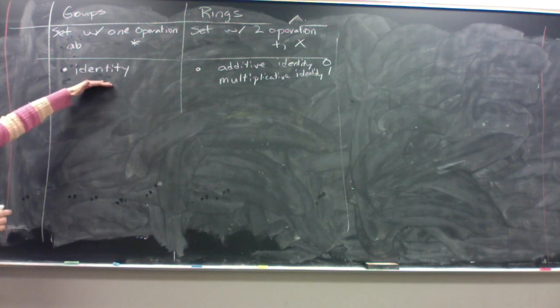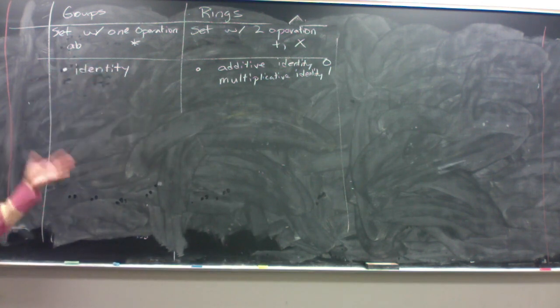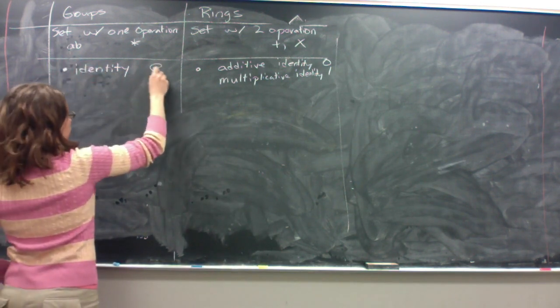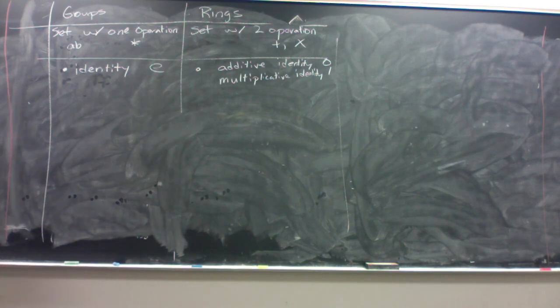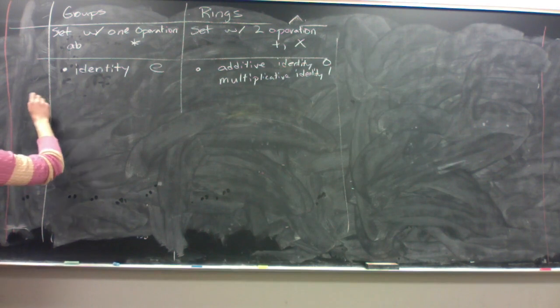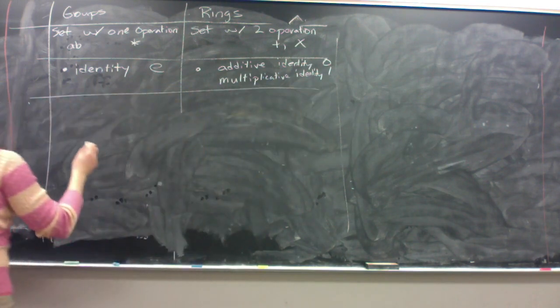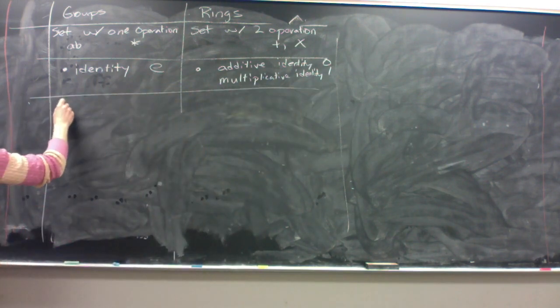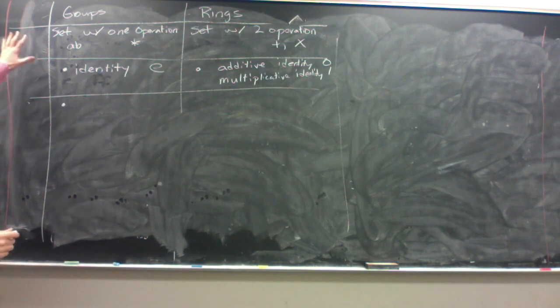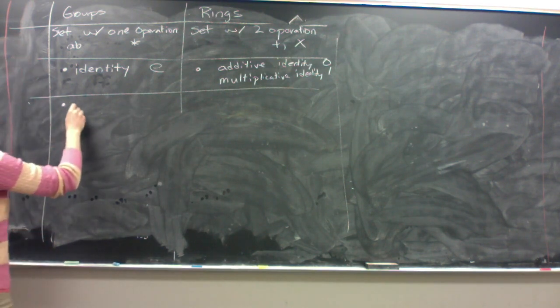In terms of when we're looking at groups, there's only one operation, so there's only one identity. We often call it e, or sometimes we call it e sub G to denote the name of the group. We also require that every element of a group has an inverse.